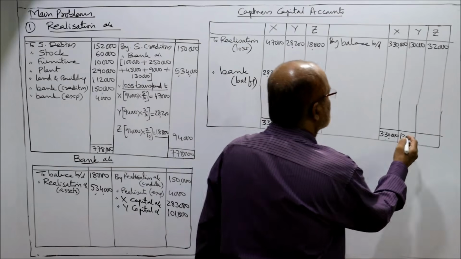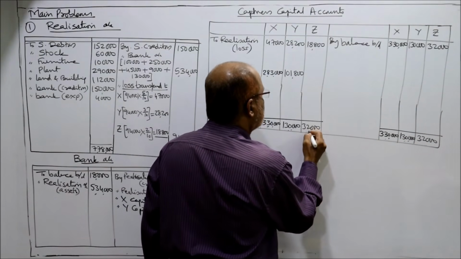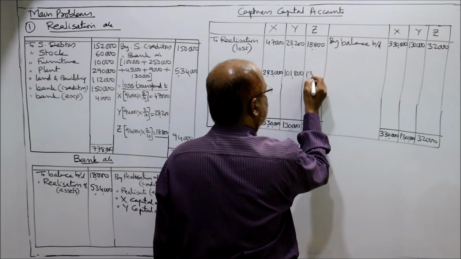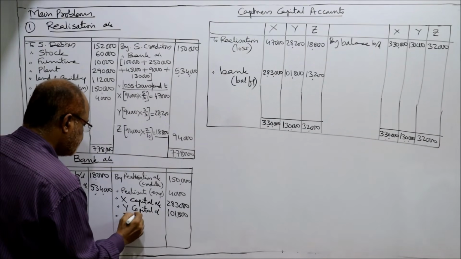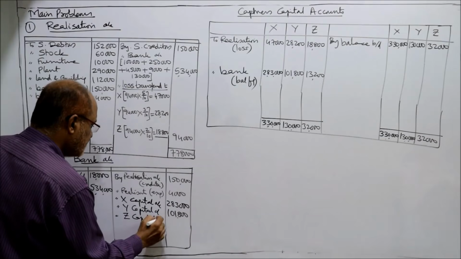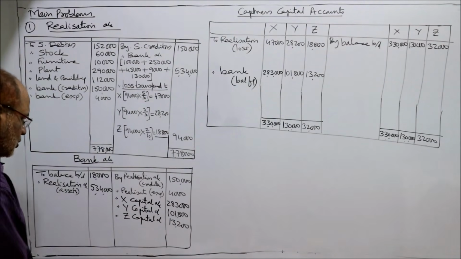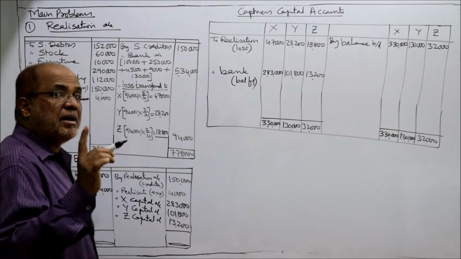Z 32,000. 32,000 minus 18,800, 13,200. 13,200 is paid to Z. 13,200. Now the total in the balance sheet must be equal.